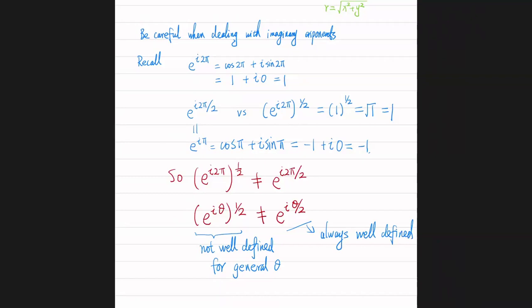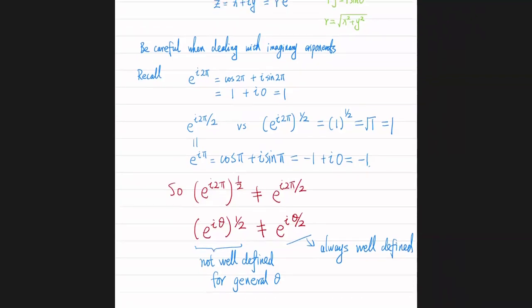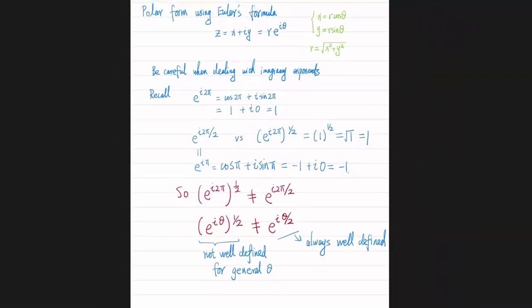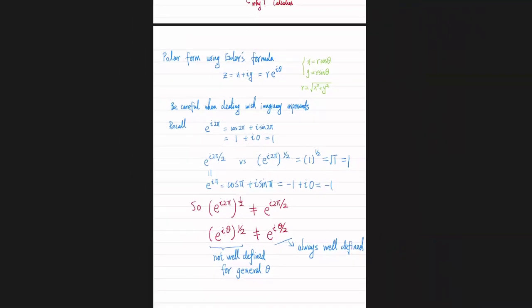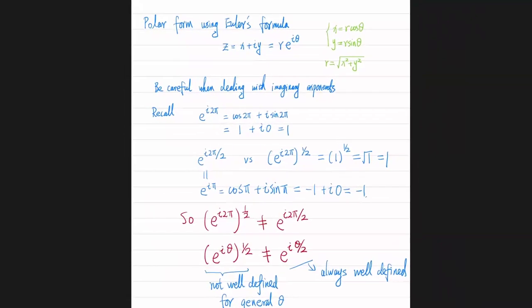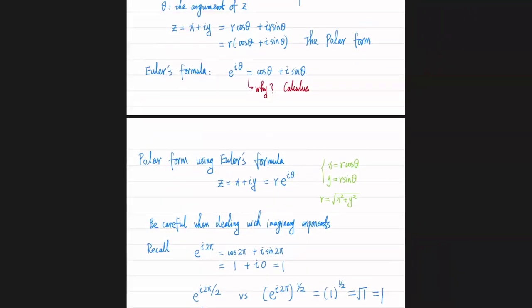So this Euler formula, the complex exponent, looks very nice and very useful, but we should be very careful. We apply this formula only when it's applicable.